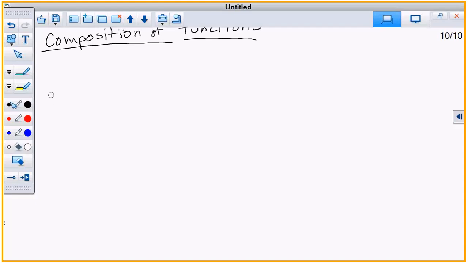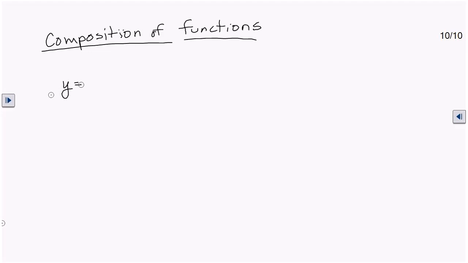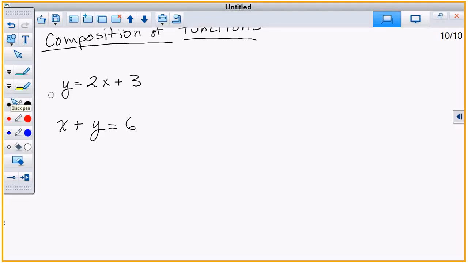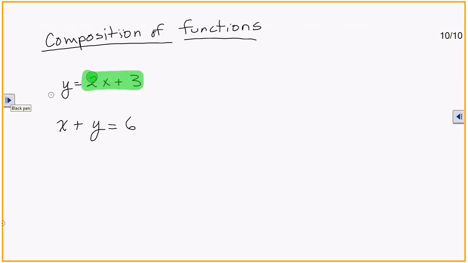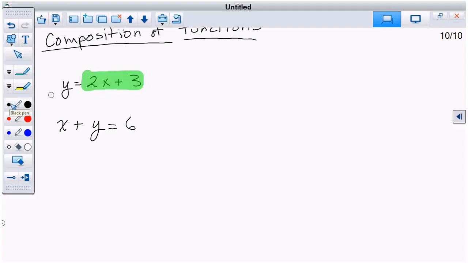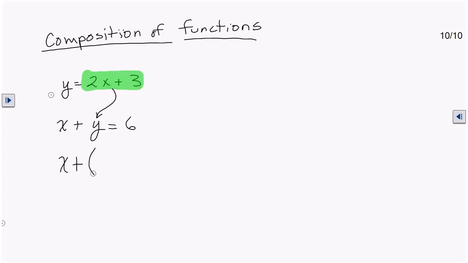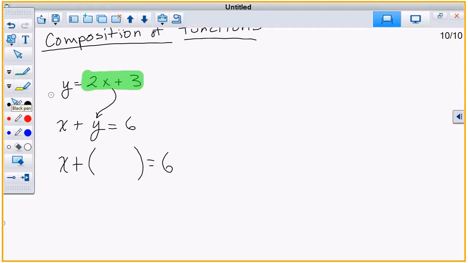Anyway, if I gave you y is equal to 2x plus 3, and I had a problem down here that said x plus y is equal to 6, I got two equations right here. Since this one is y, since that is y, I can take that and plug it in for y. And I get x plus parentheses, and then I plug that in, and I'm going to do it in green so you know that's where it comes from.